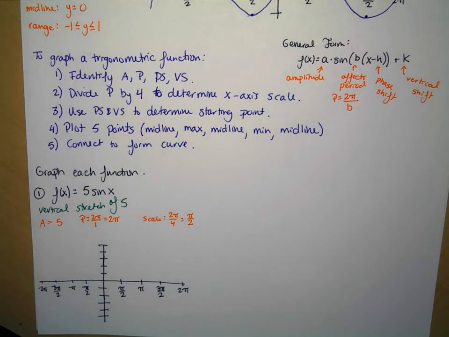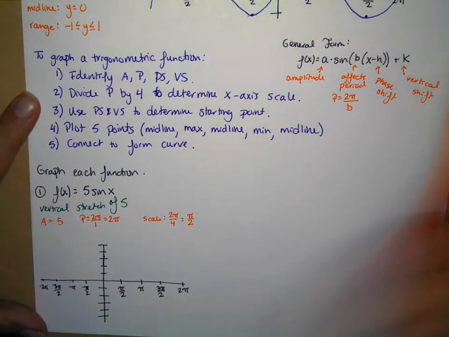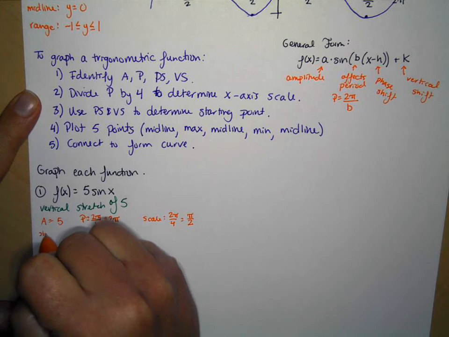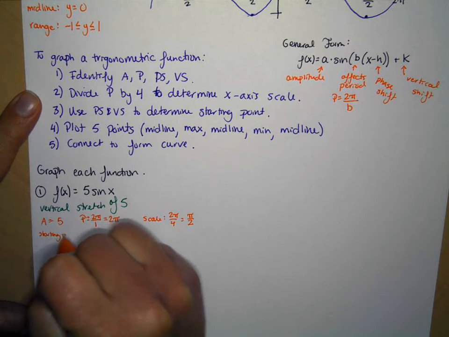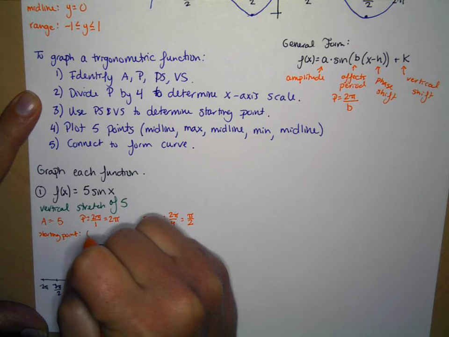All right, so we've labeled our x-axis with the scale. Since we don't have any phase shift or vertical shifts, our starting point will just be at 0, 0.